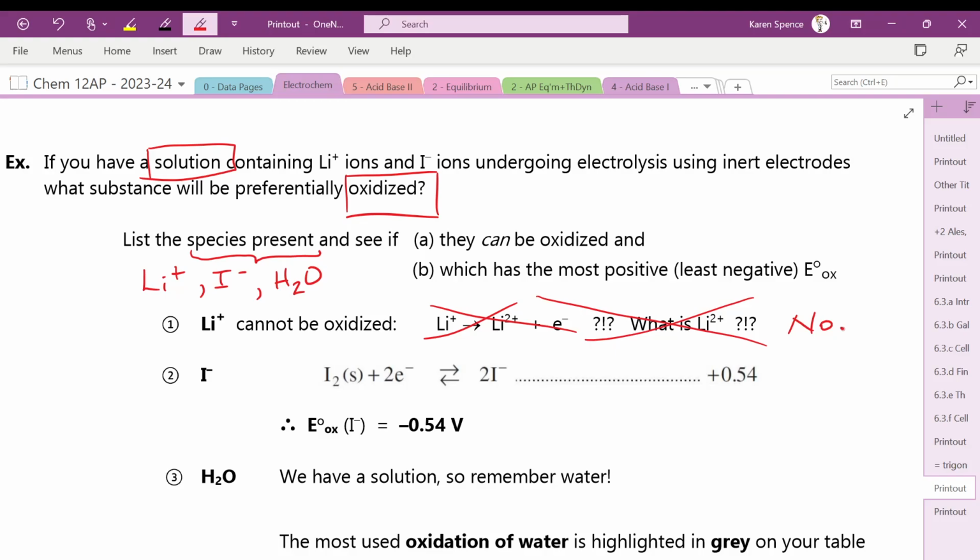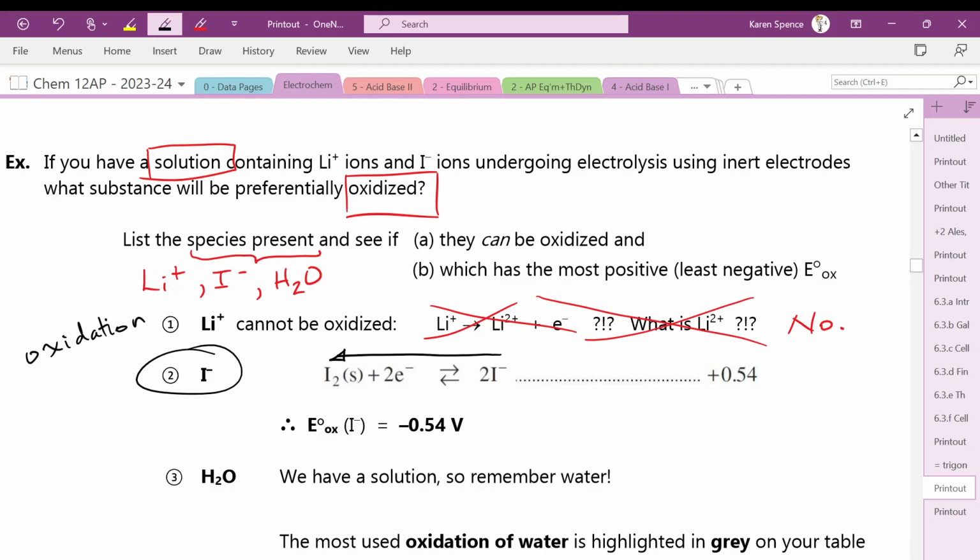If we go look up I- on our table, we get a value there. Which direction would this half reaction be taking place in, forward or reverse for iodide? We are looking for the oxidation half reactions, so this half reaction would be taking place right to left.